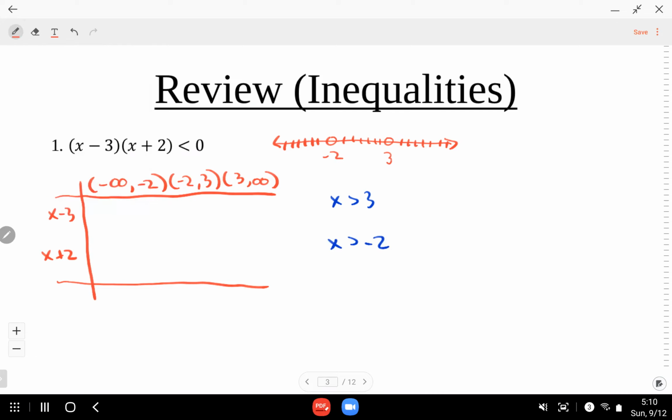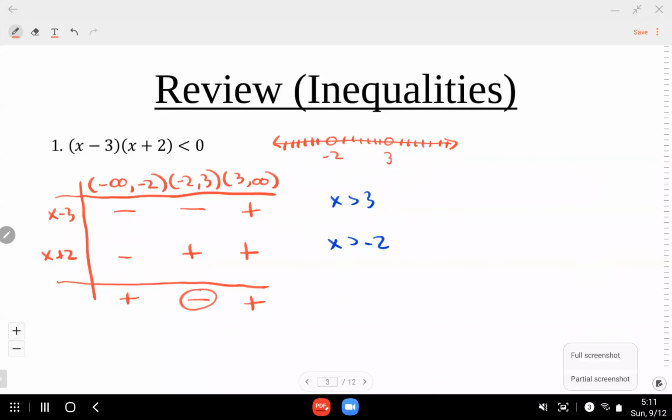So let's go back to our problem here. For x minus 3, the interval negative infinity to negative 2, x is not greater than 3 there, so this is negative. This is also negative, but this interval is positive. For x plus 2, it's negative, positive, positive. So you see the result when you multiply these two factors together: positive on this one, negative and positive, and we want negative.